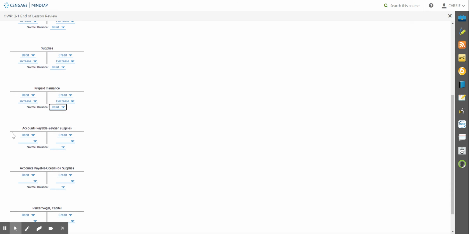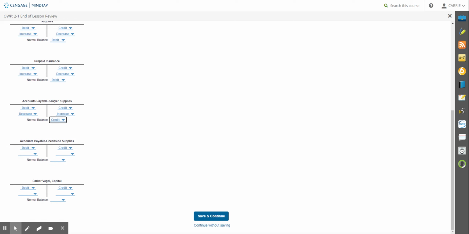Now, accounts payable are the liabilities that we have. And remember, the liabilities are on the right hand side of the accounting equation. So the credit side is now my increase side. So I increase here, I decrease as a debit, and that means my normal balance is a credit. So on this accounts payable, I increase on my credit, I decrease on my debit, and my normal balance is a credit.